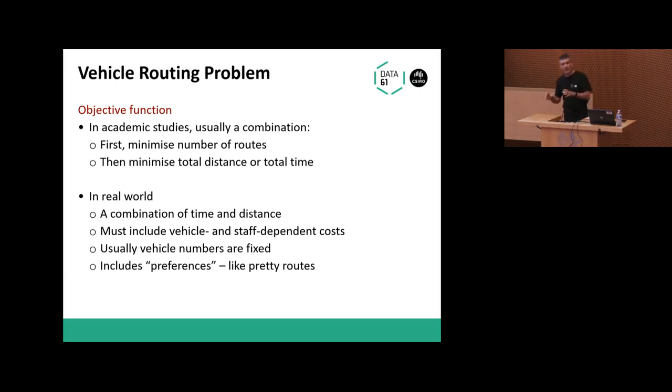And on top of that basic objective, you often have a bunch of penalties and preferences. Pretty routes is a classic one. If I actually gave that messy set of routes that you saw on the second slide to a fleet manager, the first thing he said is, those routes are too ugly. I can't run those routes.